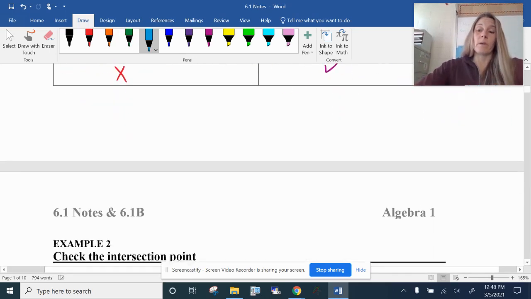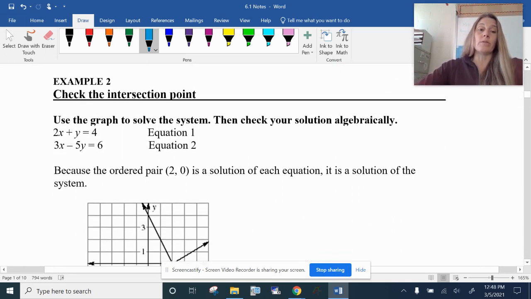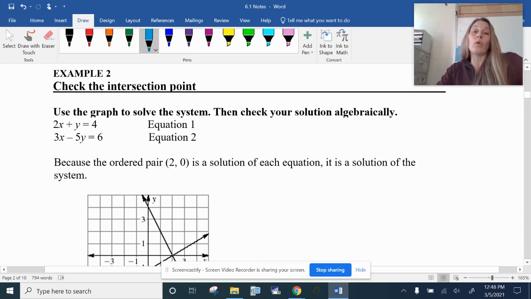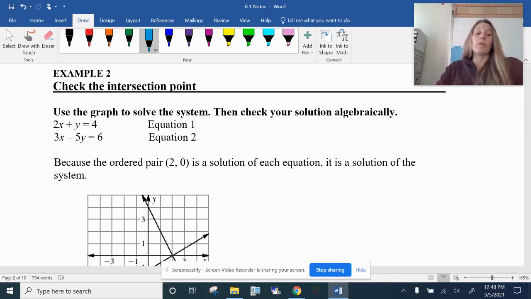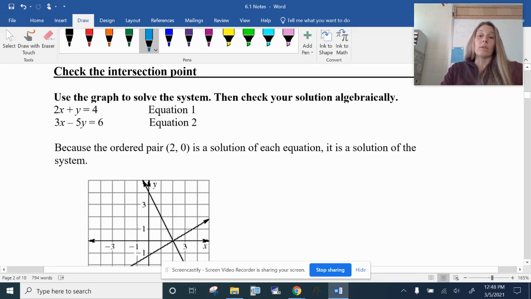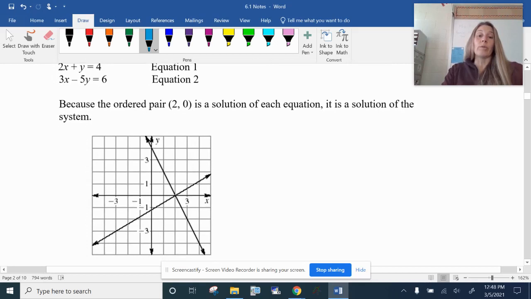Okay. So once you know how to check your solution, we can then go ahead and look through how do we find our solution on the graph. So if we use our graph to graph the two equations, the first equation was 2x plus y equals 4. The second equation here is 3x minus 5y equals 6. And they're already showing them graphed on the coordinate plane for us.